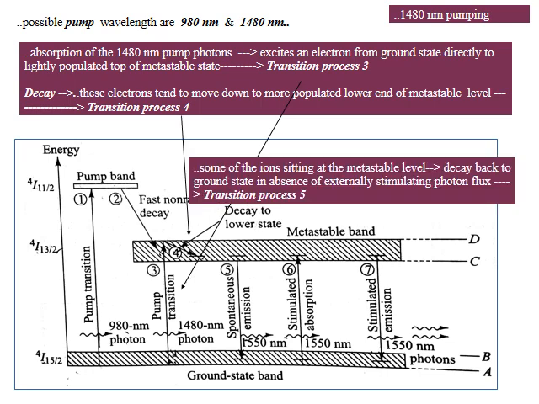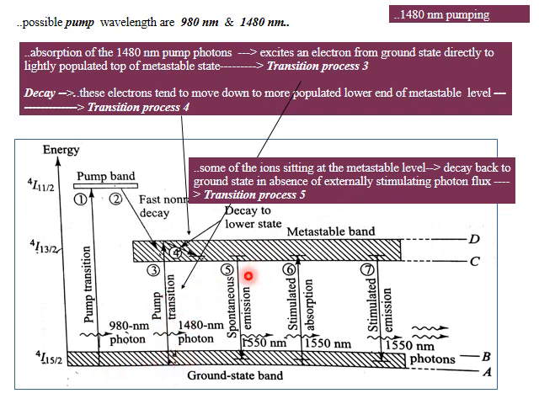Some of the ions sitting at the metastable level, maybe at the D or C level, tend to decay back to the ground state in the absence of stimulating photon flux. The light beam will be given at a particular frequency only for a fixed duration.